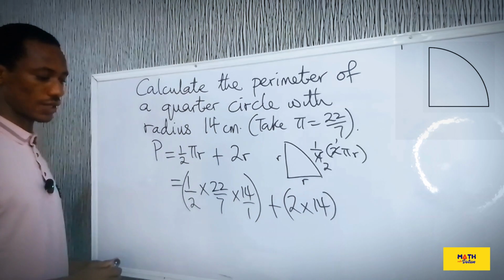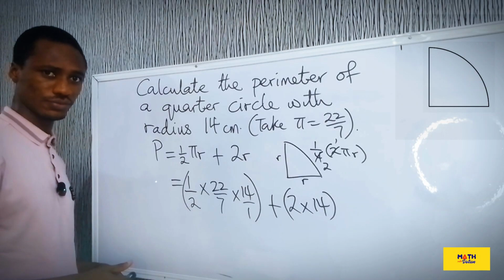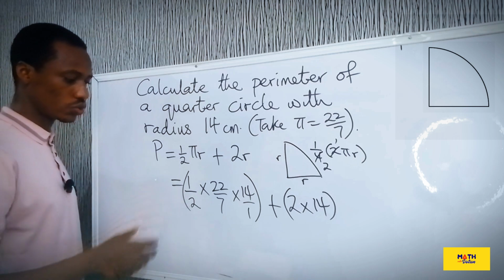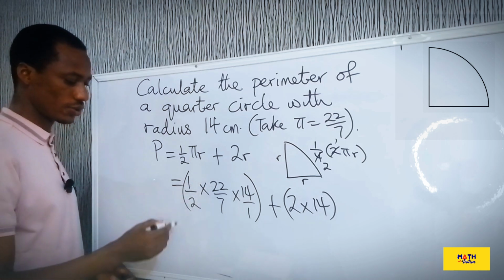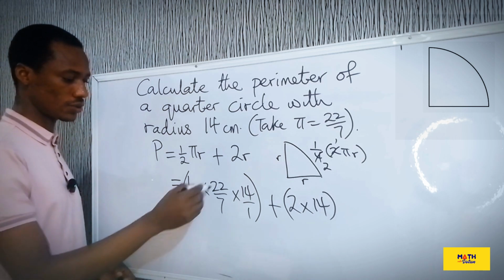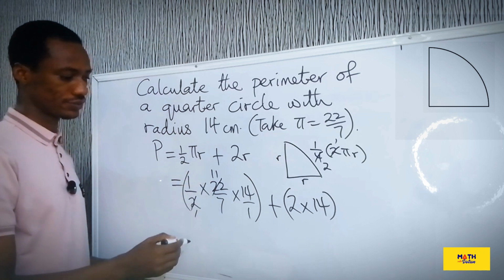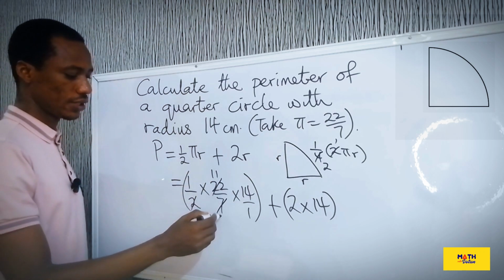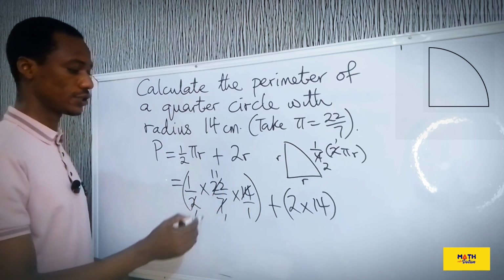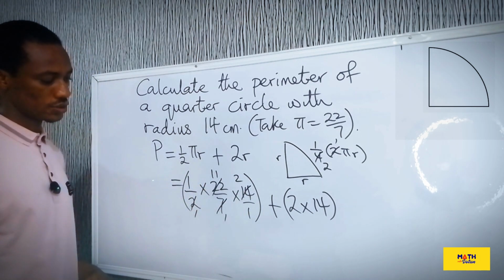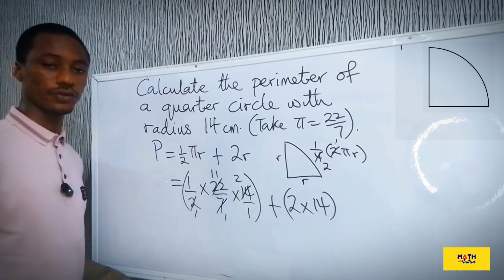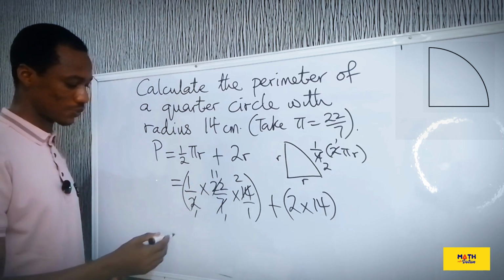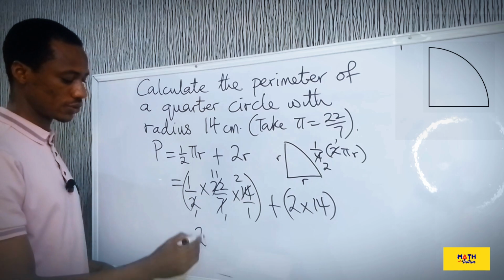All right, so we can simplify here by dividing the ones with common factors. We know 2 can go in 22, so 2 here is 1, 2 in 22 is 11. 7 can go in 14, so 7 and 7 is 1, and 7 in 14 is 2. So downstairs we've reduced everything to 1, and upstairs we have 1 times 11 times 2, and that will give us 22.